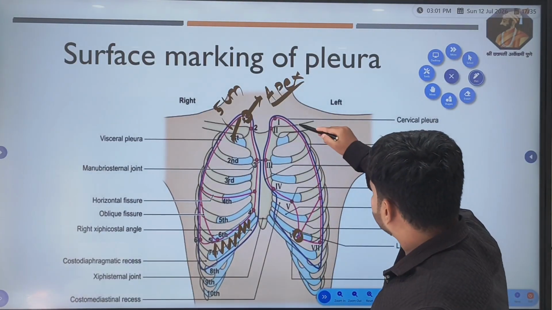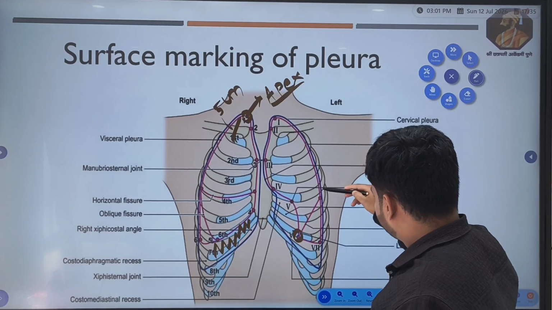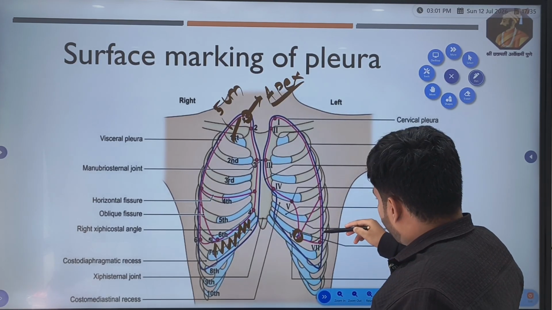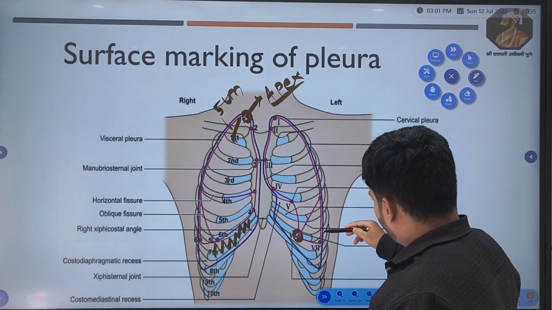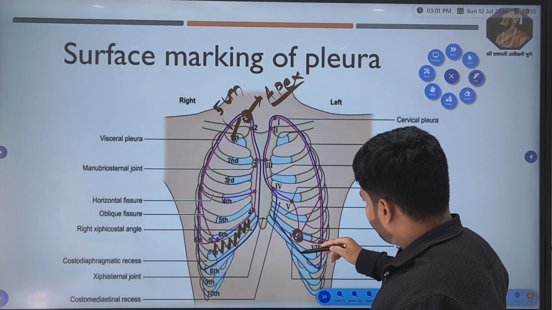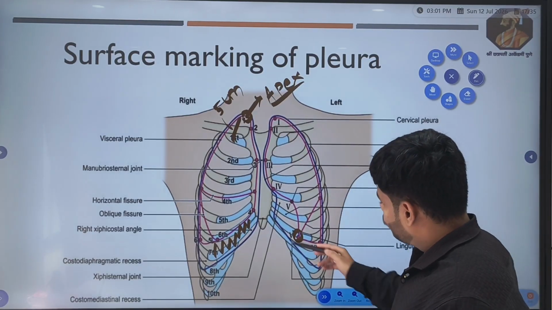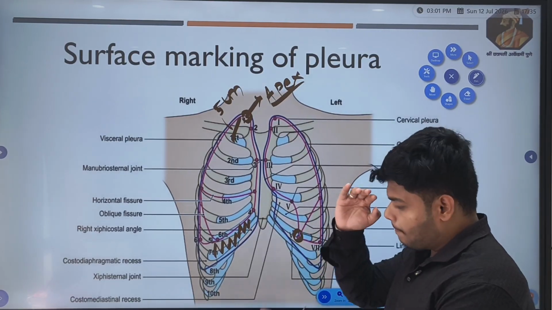Apex is here. It follows downwards, and towards the sixth point it follows the mid clavicular line, the mid axillary line, and then at the 12th costal cartilage it goes back and follows the parietal pleura.